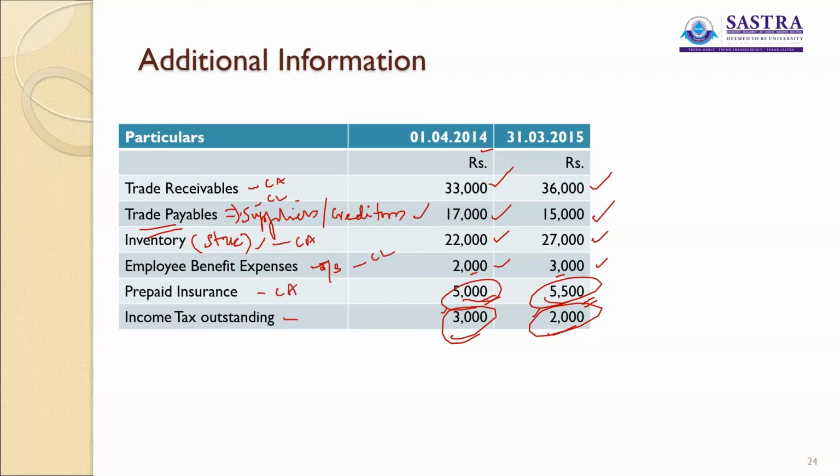Prepaid is a current asset and tax outstanding is also a current liability. So first let us consider receivables, which is a current asset. Increase in current asset means 3,000 to be taken as part of minus item.